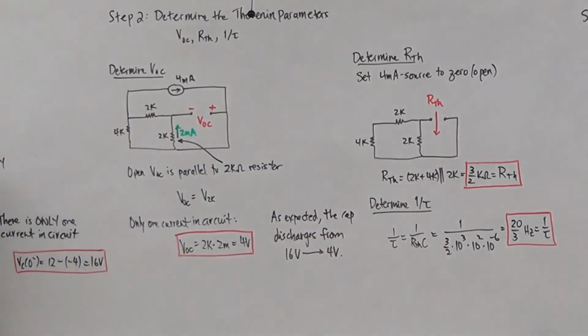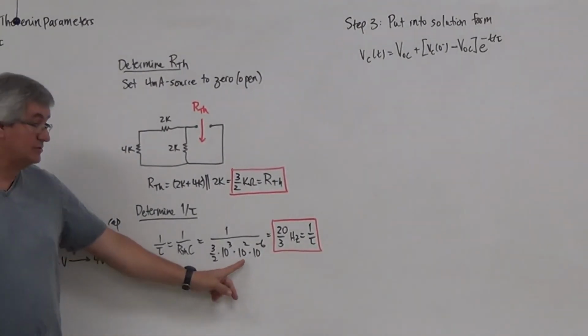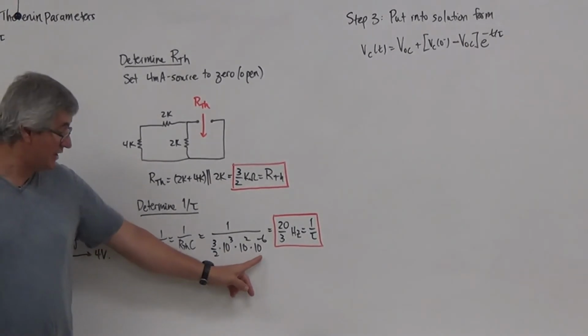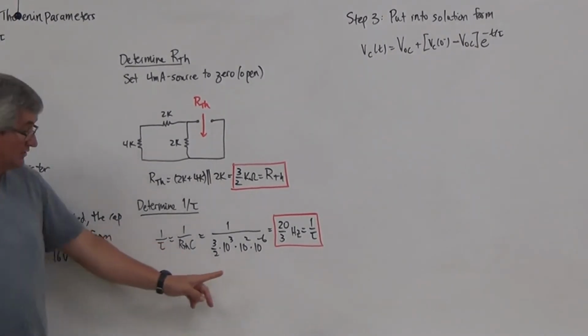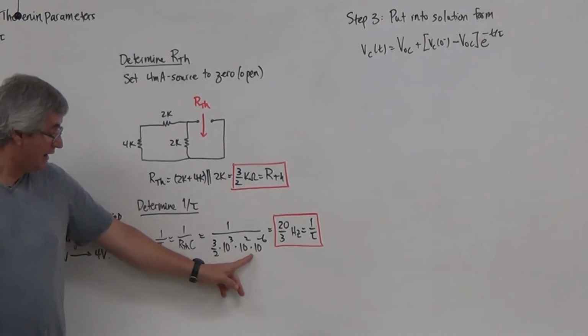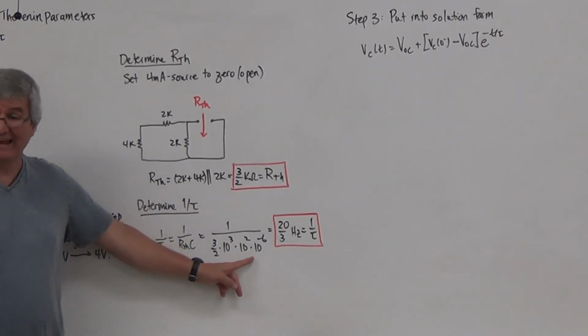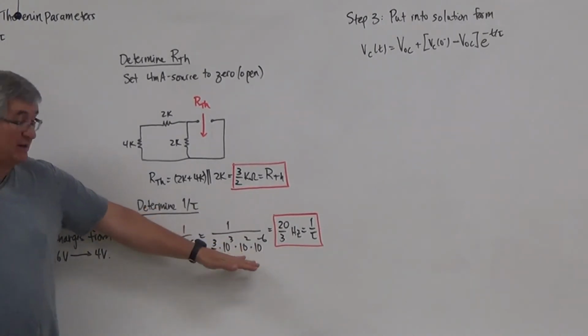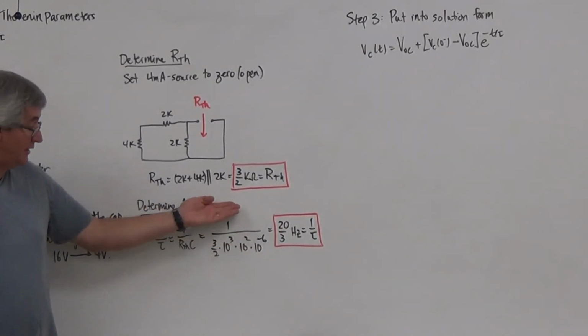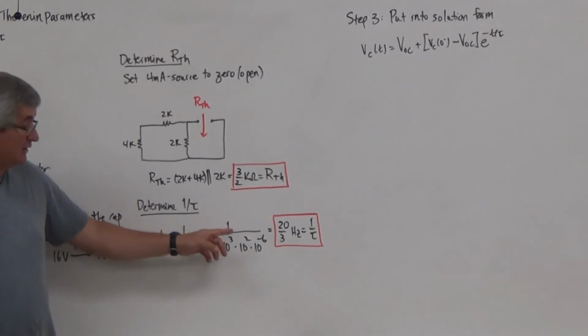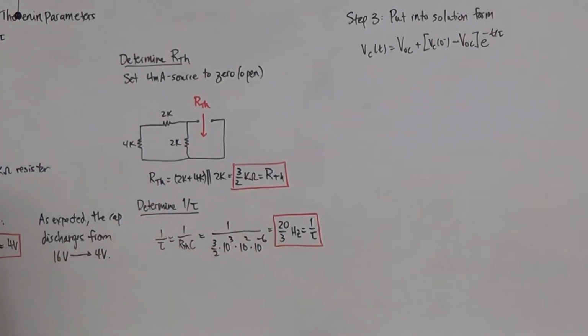The capacitor is 100 microfarad, so 100 is 10 to the 2, and micro is 10 to the negative 6. So 2 minus 6 gives me 10 to the negative 4... when I bring that up here, then I bring the 2 up, which gives me 20 over 3 hertz for 1 over the time constant.